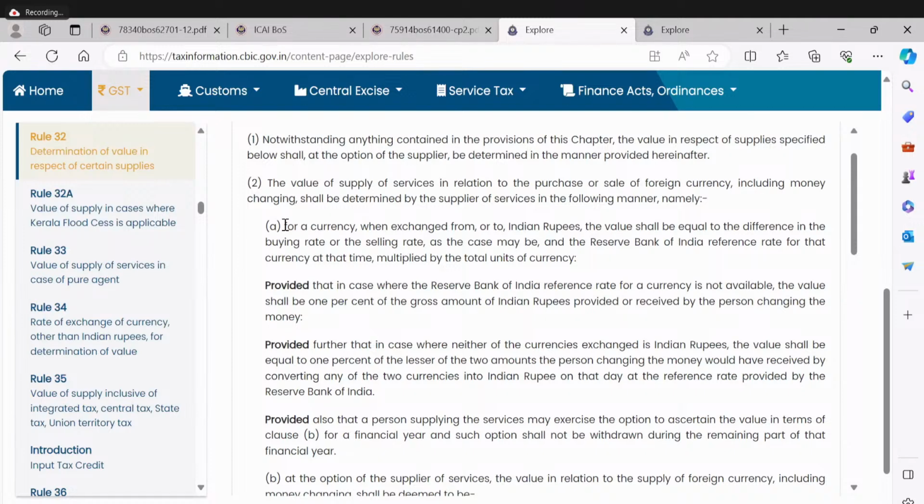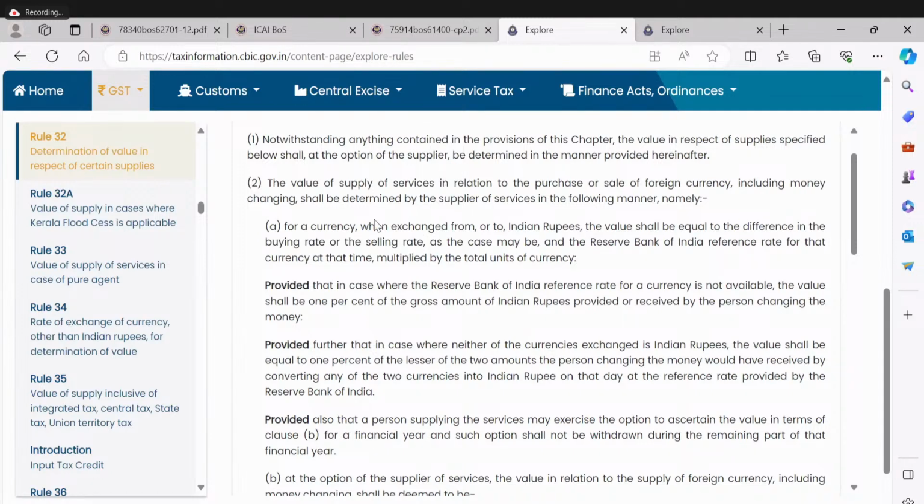For a currency, in case this foreign currency is exchanged from or to Indian rupees, that means one currency is foreign currency and the other is Indian currency, then how will you determine the value of supply? The value of supply shall be the difference in the buying rate or selling rate and the RBI reference rate.